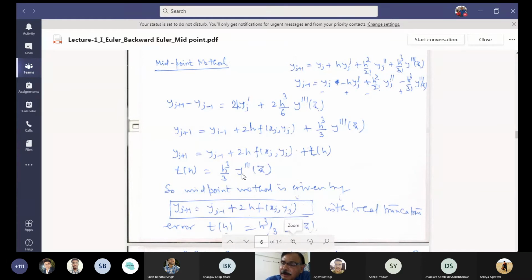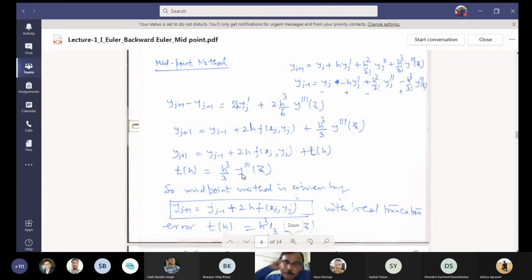For the Euler method, since T(h) is capital order h square, dividing by h gives capital order h. For the midpoint method, dividing by h gives capital order h square. So the midpoint method is a second order method, and the Euler method is a first order method. I will show all these definitions in another slide.